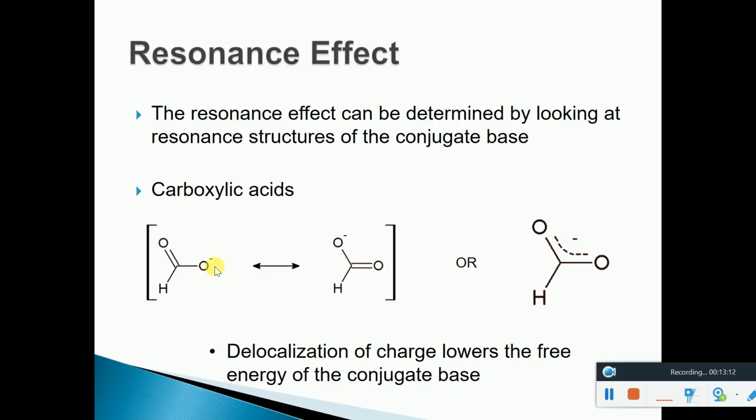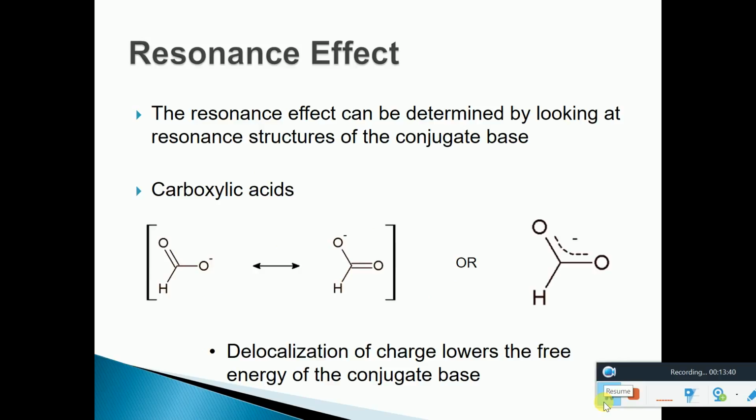Think about how this would have 1, 2, 3 pairs of electrons and that negative charge. It can lay down those electrons into a pi bond, and then subsequently the pi bond electrons would pop back up here to the oxygen. Maybe think about how to do that on your own and explain it to yourself, because it's a good thing to be familiar with.